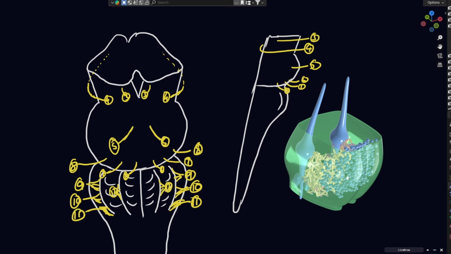So this is the medullary part of the 11th cranial nerve. Of course, there is the spinal part as well, which is coming from the spinal cord. Basically, it's in the cervical region, right?